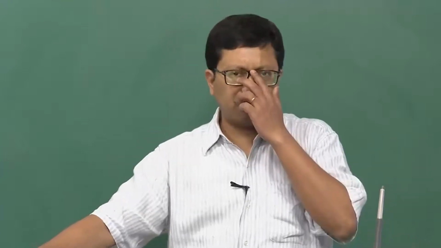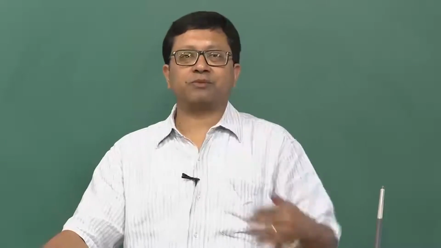So, if you remember, in the last class we did not cover much of the slides, but there were a lot of discussions, and I hope it is clear to all of you.